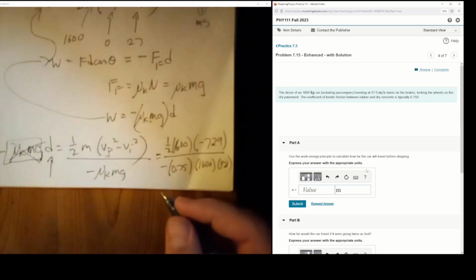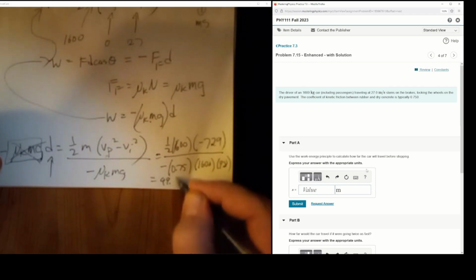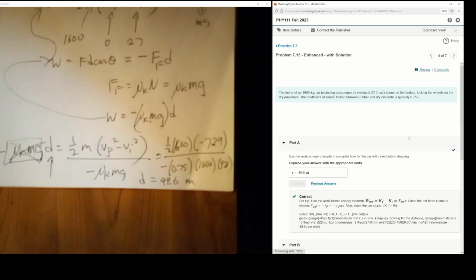We get 49.6 is the distance traveled. And I'm definitely going to need a new piece of paper. So let's see what the next part has to say.